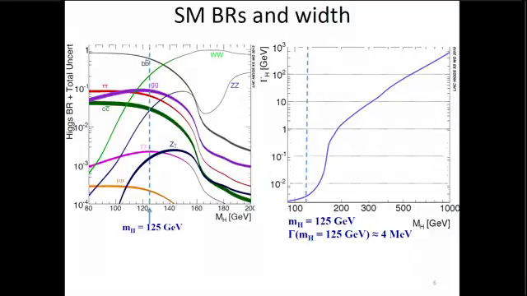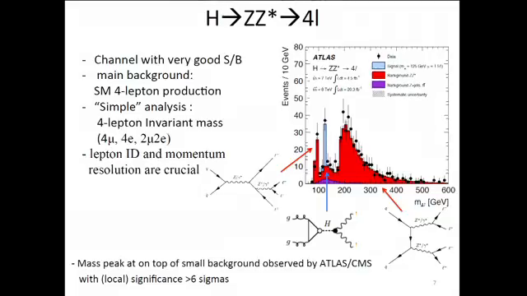If you go a bit further, you have tau tau. And if you go farther down, you have gamma gamma, which is an important one. The expected width for the Higgs boson at this mass is very small, about 4 MeV, so below any experimental resolution.